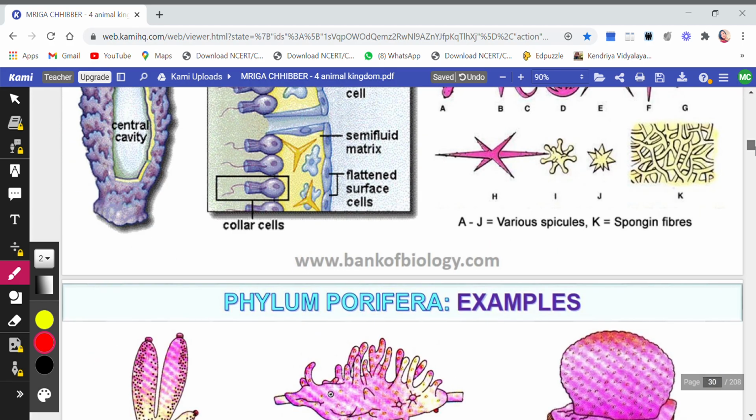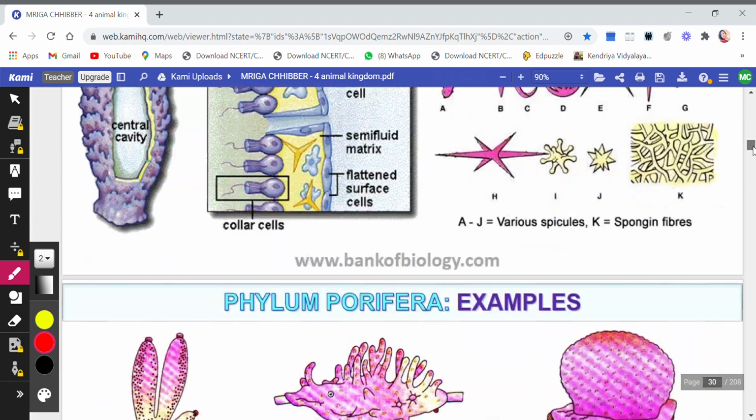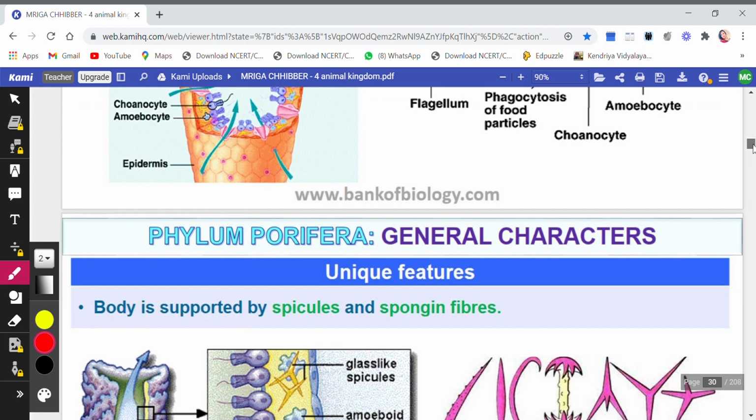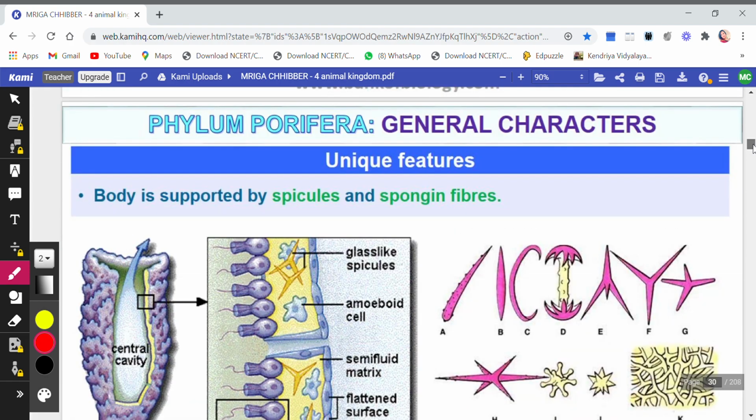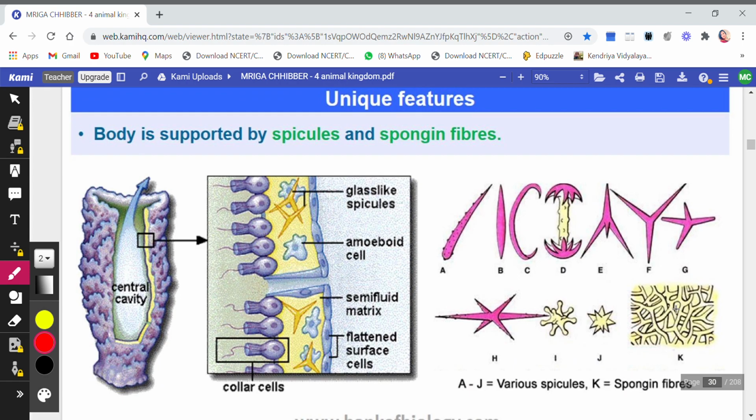Then the body is supported by spicules, as you see here, and spongin fibers. They do not have a skeleton, so they need something to support the body. You see A to J are various spicules, various shapes of spicules shown here, and K is the spongin fibers.